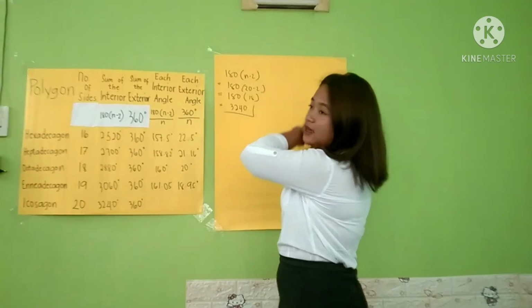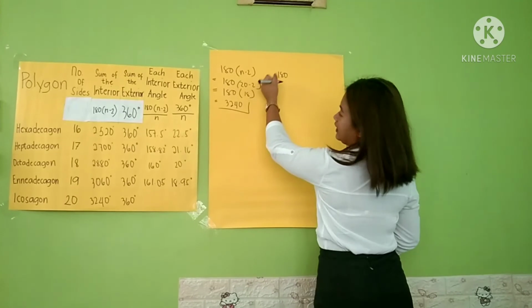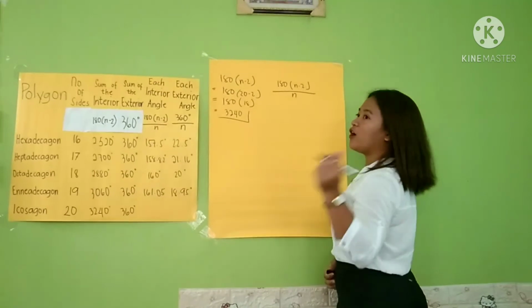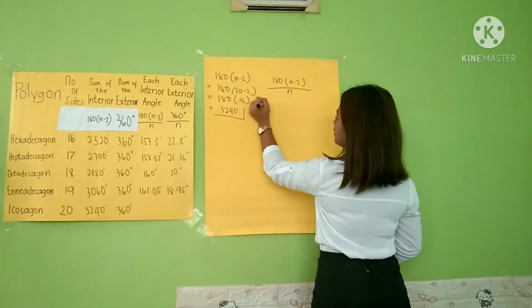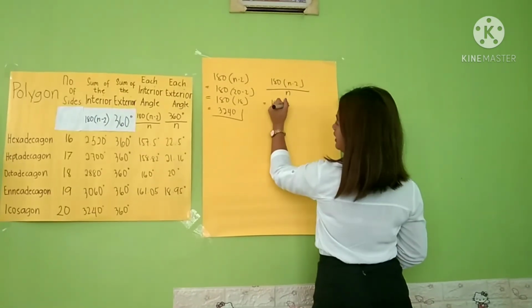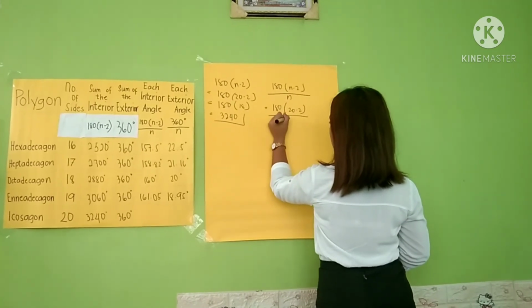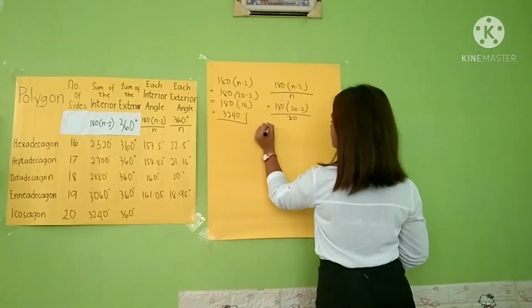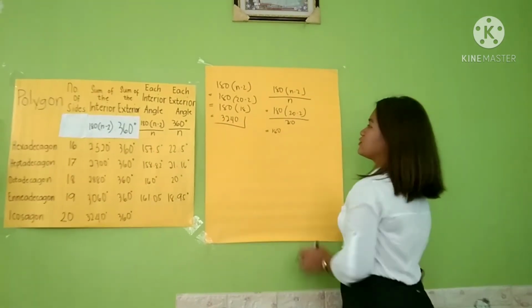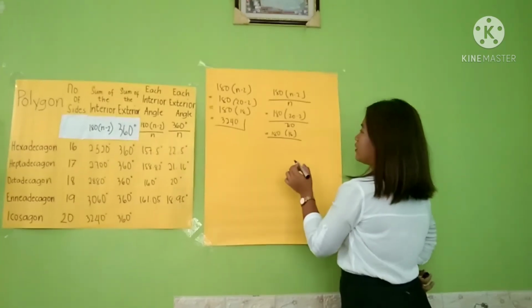Then next, to solve each interior angle, 180(n - 2) over n, or divided by n. n is 20, minus 2. Bring down 180. 20 minus 2 is 18.